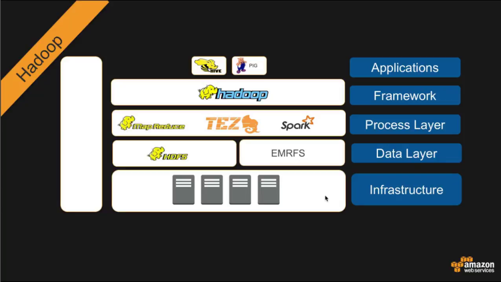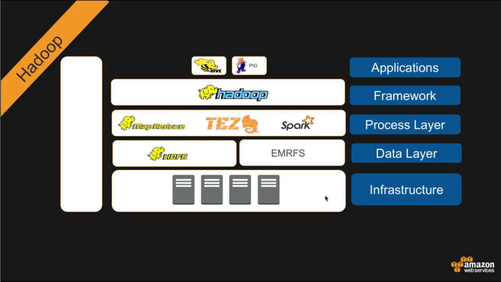It also provides the HDFS, which is available for data layer management. In addition, you also have your MapReduce or Tez or Spark frameworks that you would be using to perform your big data operations. All of this is being run on top of the Hadoop framework.